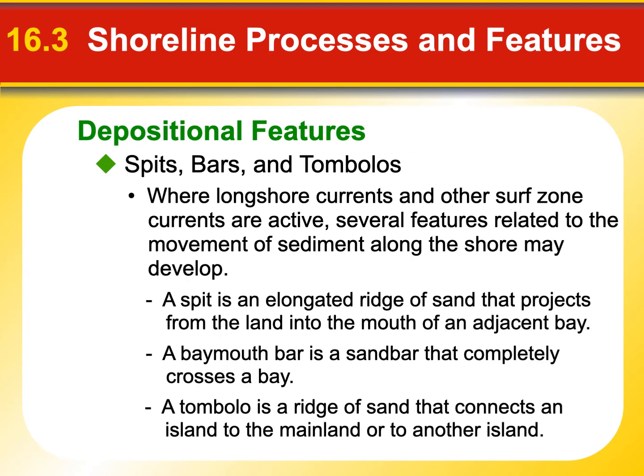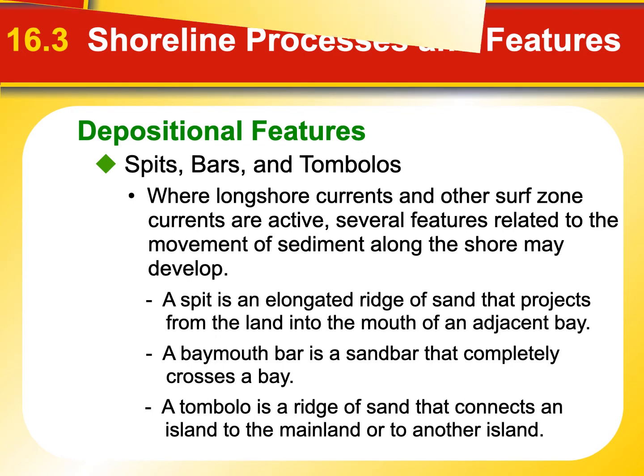A bay mouth bar is a sandbar that cuts all the way across the mouth of a bay, cutting it off from the rest of the water. And a tombolo is a ridge of sand that connects an island to the mainland or to another island. So let's take a look at a picture here, but those are the definitions for you right there. The picture will make a little more sense.